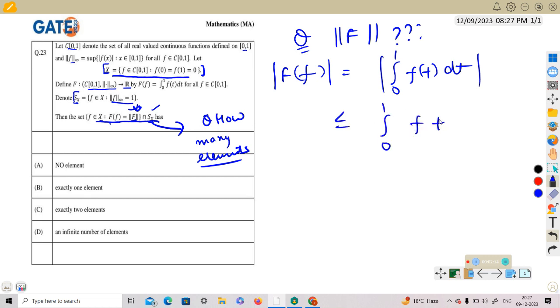The modulus goes inside the integral, and this is less than the infinity norm of f. This value will be 1.